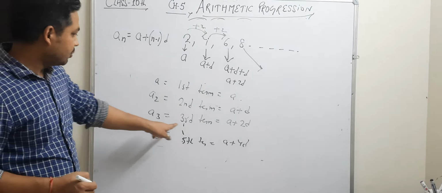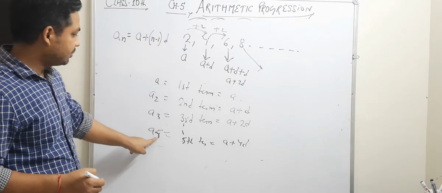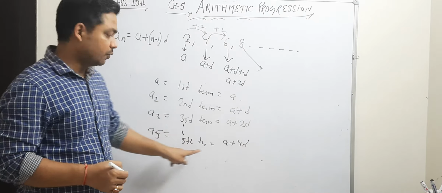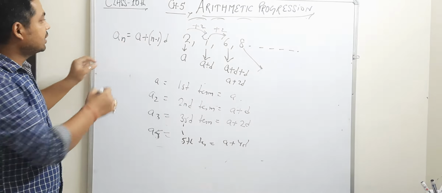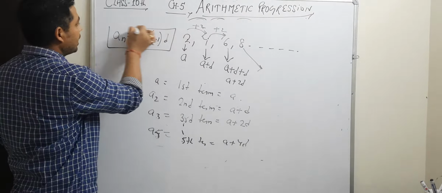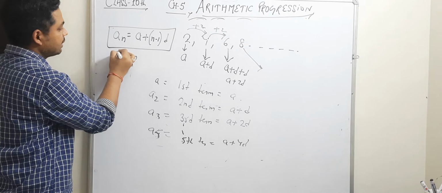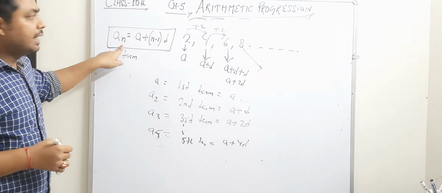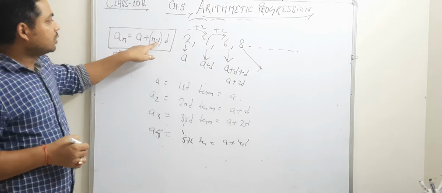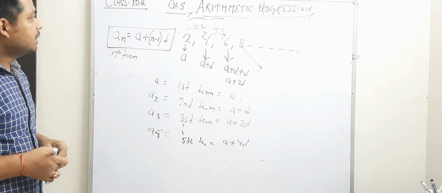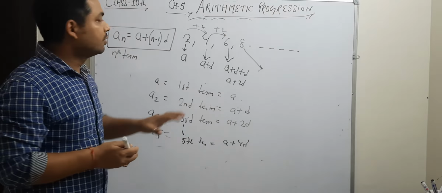So in the third term we are getting A plus 2D, 1 less than this 3. In the fifth term we are getting A plus 4D, 1 less than this 5. So in an, if you want to calculate the general term, this is called the nth term. To calculate the nth term, an equals A plus 1 less than this n, so this will be n minus 1 into D. This is the general formula to calculate the nth term of an AP.